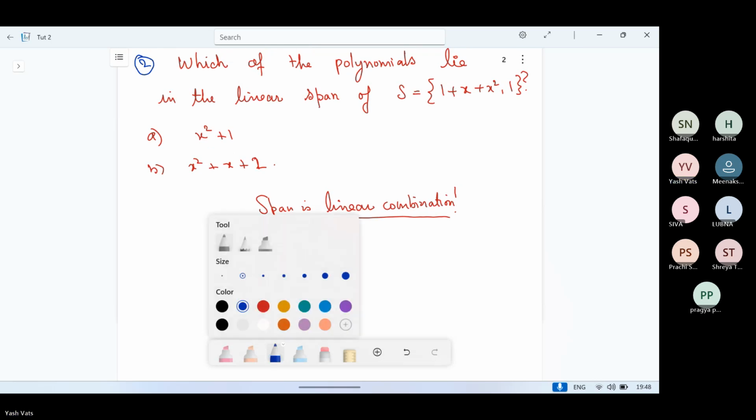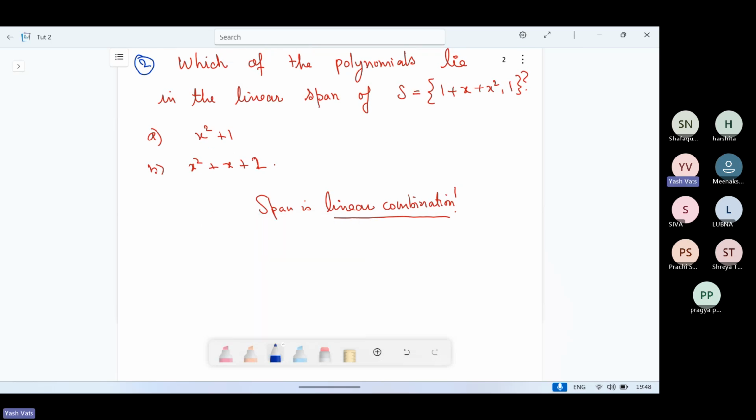So let's start with x squared plus 1. Suppose x squared plus 1 lies in the span, then it can be written as, for some a, this happens, right? And for some b, this happens. Then what you get? a plus ax square plus b, right?